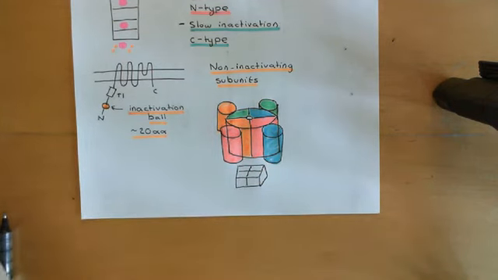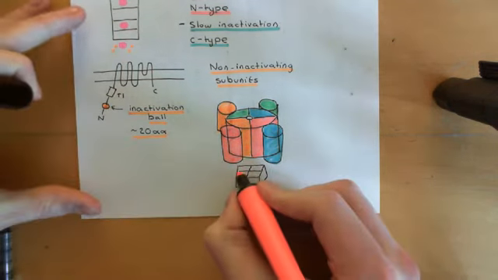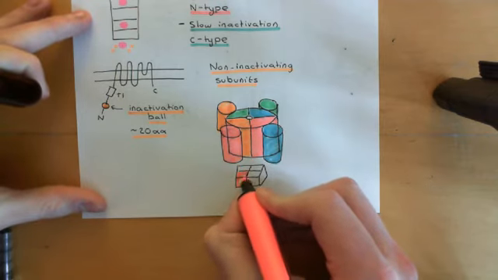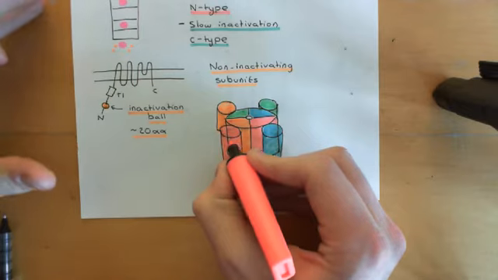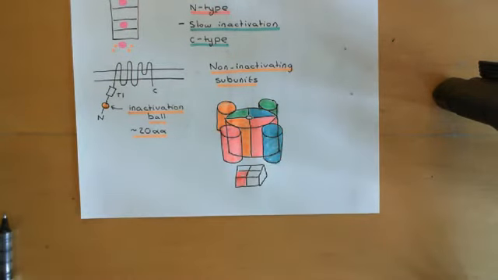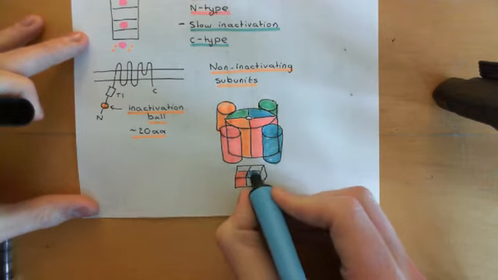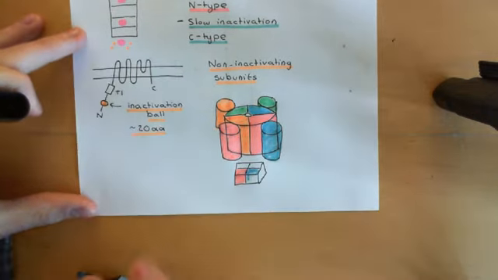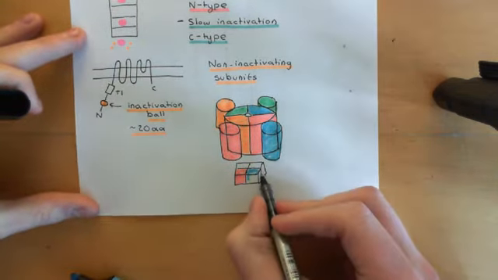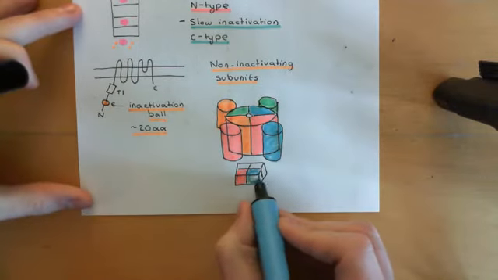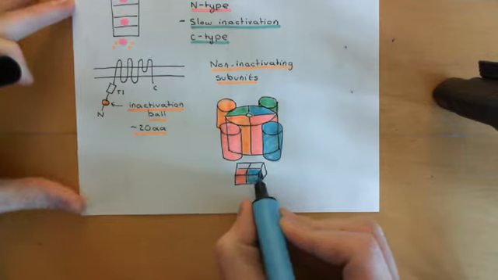Okay, so for instance, the red subunit's T1 tetramerization domain will be below the voltage sensing domain of the red subunit here. Okay, the blue subunit's T1 tetramerization domain will be below, when we didn't put that line there, so I'll just put that in there, will be below the voltage sensing domain of the blue subunit here.